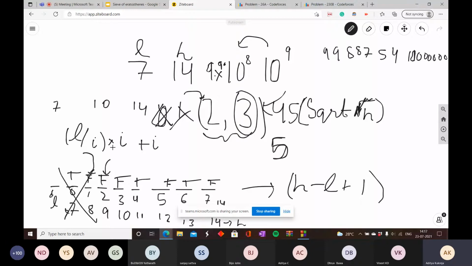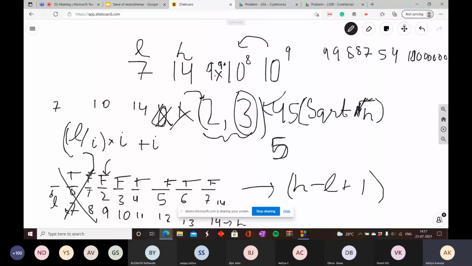So it would start from this position itself. We need not add I in this case because it's already starting from the 9th index. So what we have to check is whether L by I is an integer or not. If I divides L, then we need not add I. But if I does not divide L, to bring L by I into I into this range, we would add I to it.